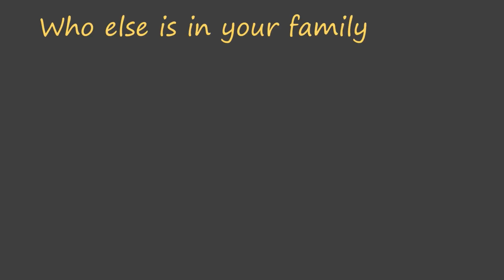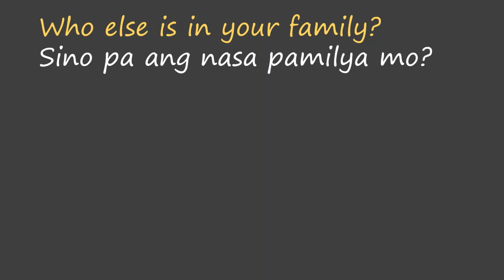Let's move on to other people you call family. Who else is in your family? Sino pa ang nasa pamilya mo? There is a new word here. Else is pa. And the other people in your family are granddad, lolo.